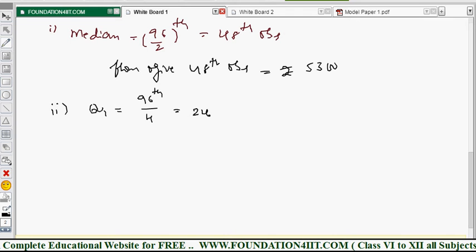That is the 24th observation. Then Q1 is equal to 4840 rupees.